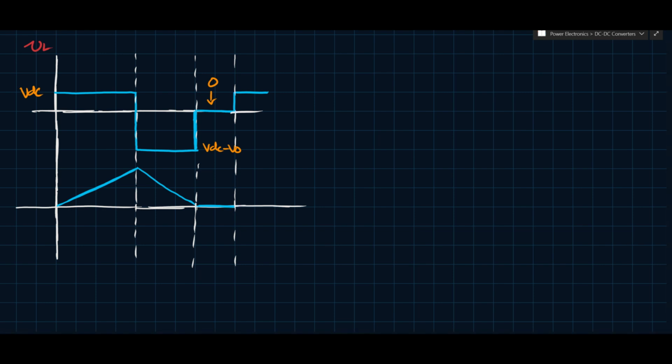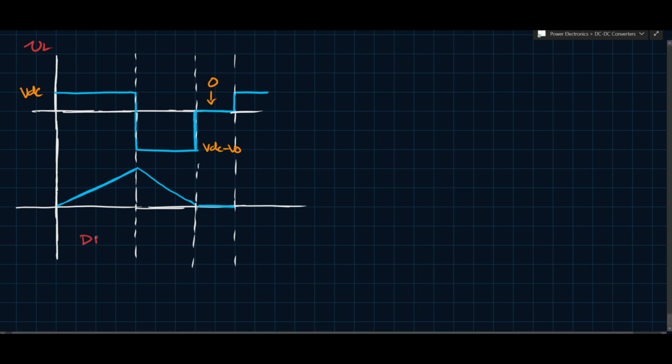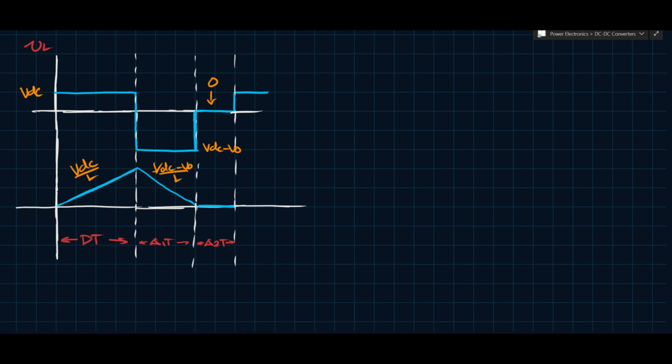And as we've done in the past, this will be dt between this part. This will be delta 1 t, and this will be delta 2 t. And the way you can find these is as follows. So the slopes don't change, so this is still VDC over L. This is still VDC minus VO over L, as far as the slopes are concerned at least.